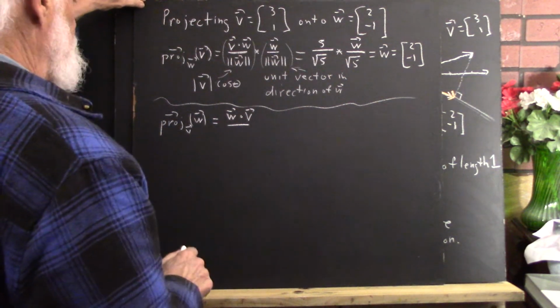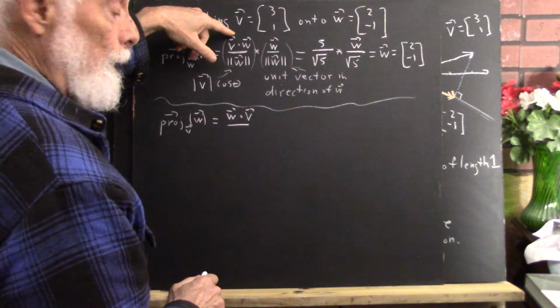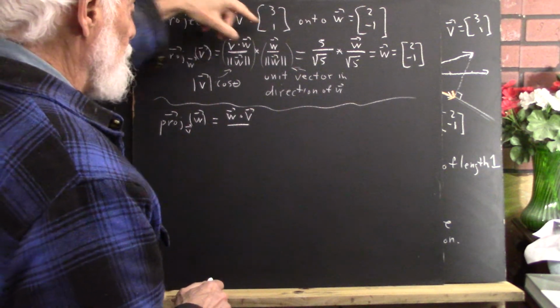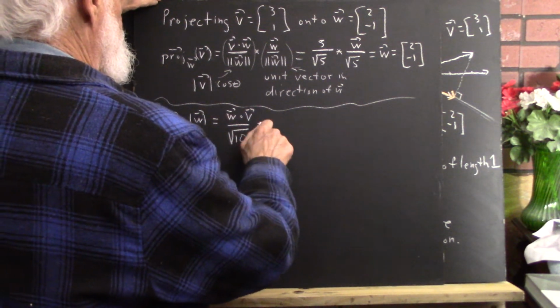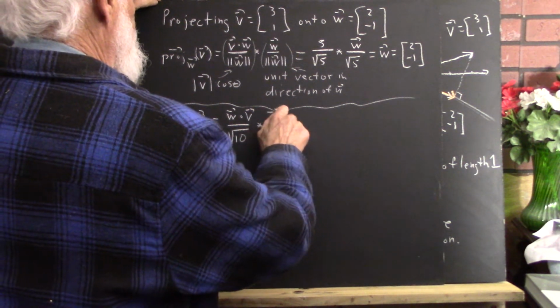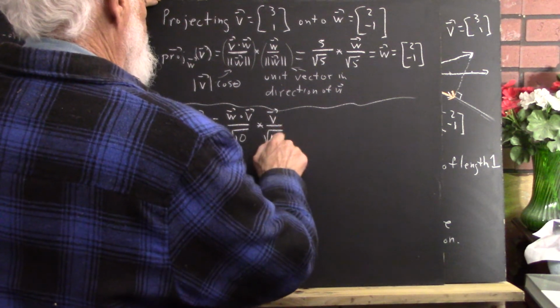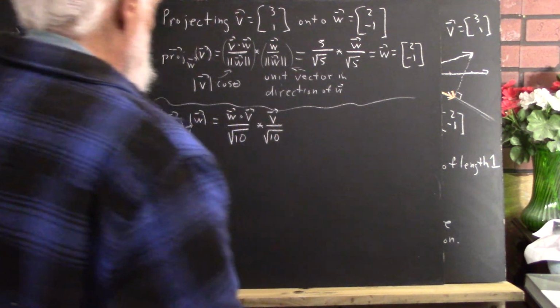And the magnitude of V is the square root of 3 squared plus 1 squared, which is the square root of 10. And then that's going to be times V over the square root of 10.